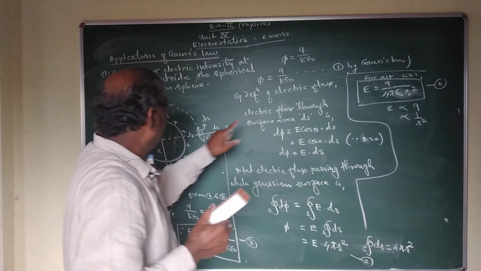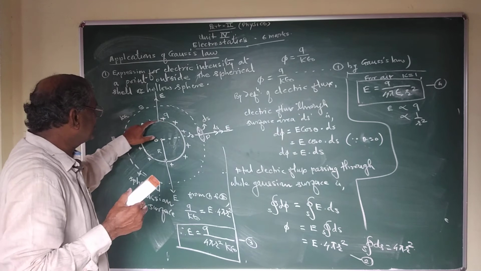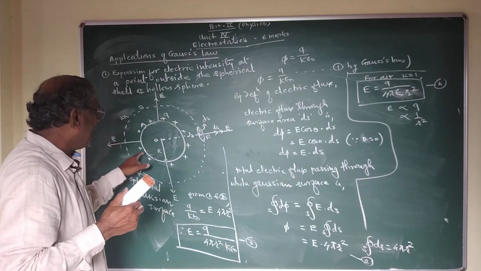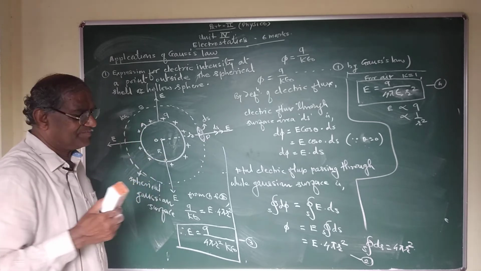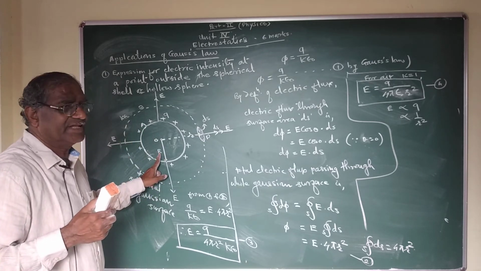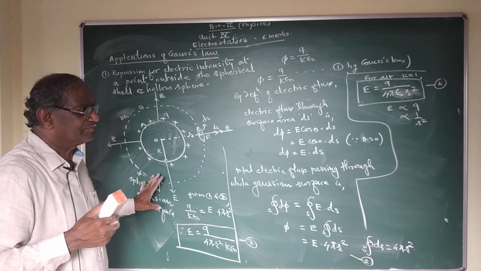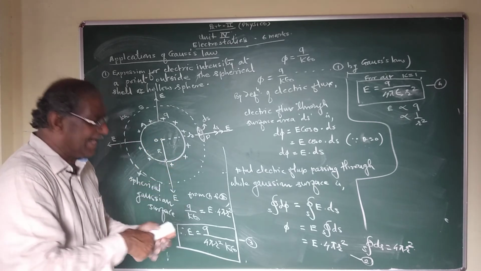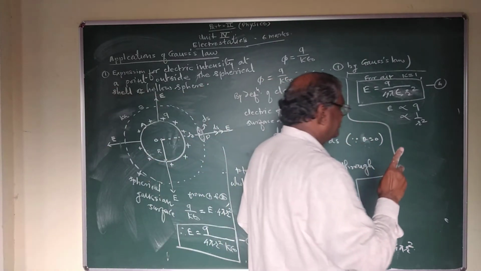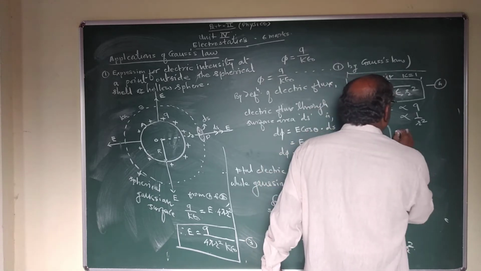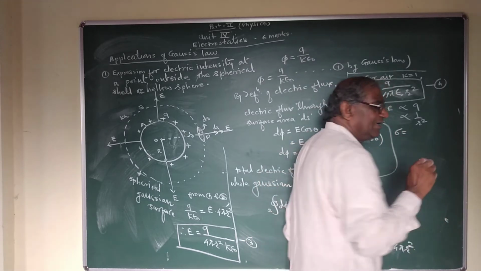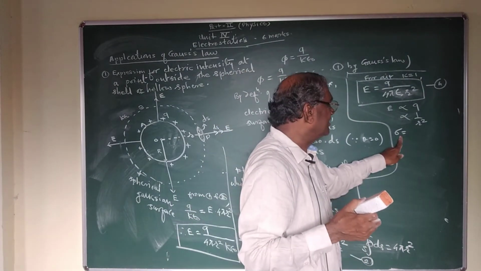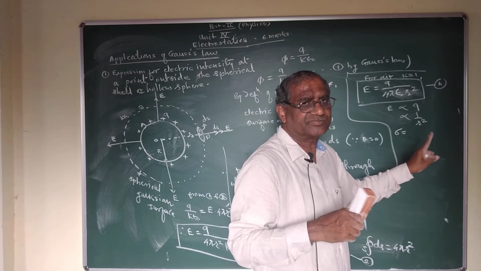Now Q is the total charge which is uniformly distributed over the surface area of the sphere. If r is the radius of the charged sphere, the surface area of the sphere is 4 pi r square, and by definition of charge distribution, let sigma be the surface density of charge.